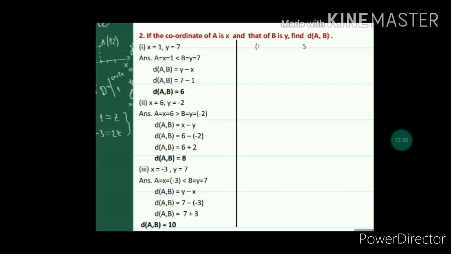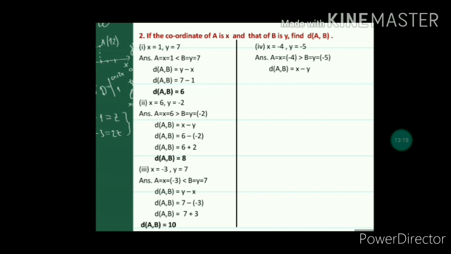Another example, x equal to minus 4 and y equal to minus 5. A is equal to x is equal to minus 4 greater than B is equal to y is equal to minus 5, means minus 4 is greater than minus 5.